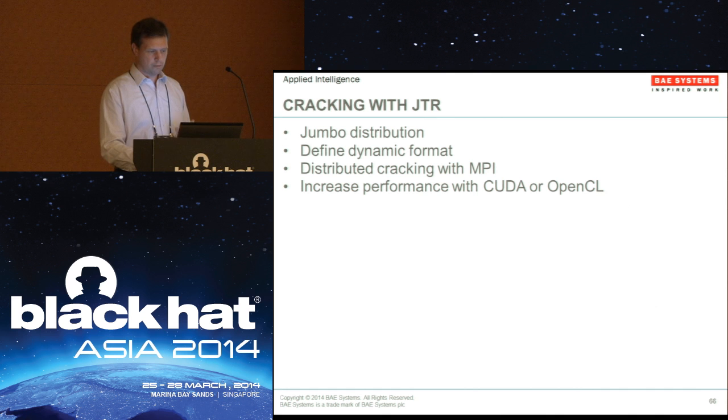You can also use both CUDA and OpenCL with John if you're using the Jumbo distribution. However, the CUDA code is sadly lacking, and the OpenCL is not really optimized for performance. So while it is available, if you're happy to write your own OpenCL or CUDA kernels, I don't see why you should not use John the Ripper for this.